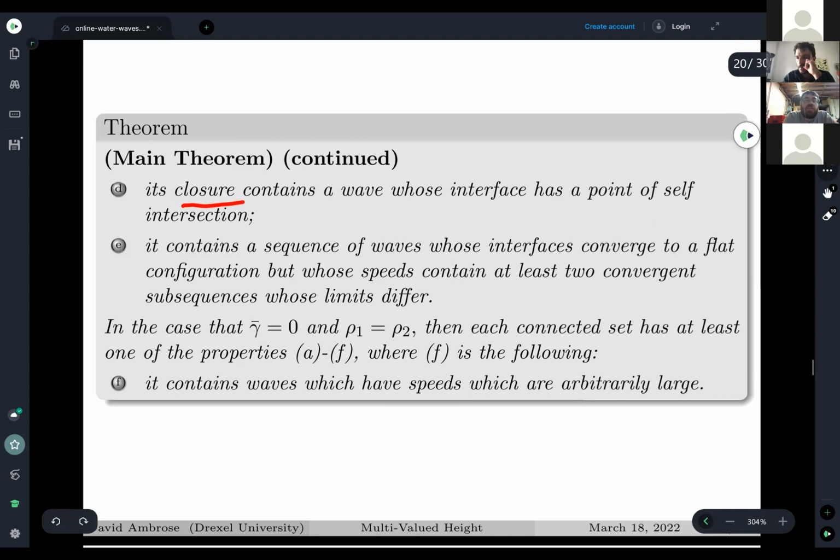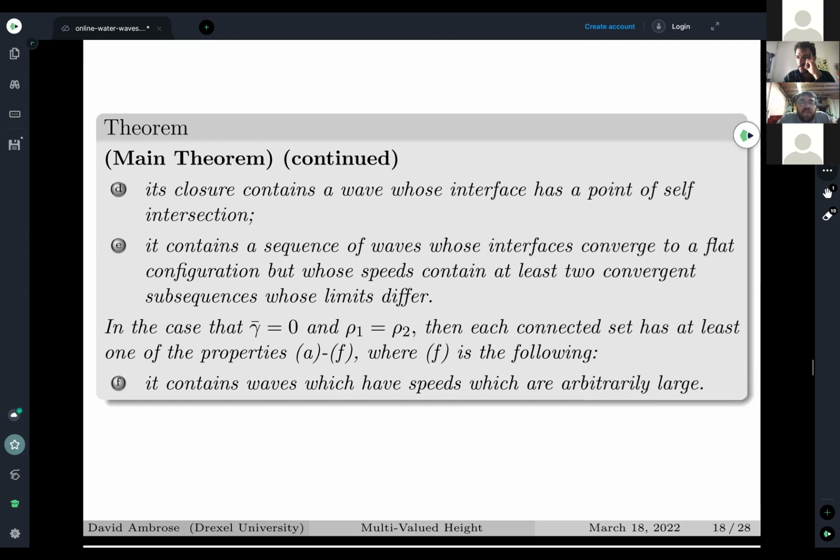You could end because the waves intersect themselves. That's how the Crapper waves end. The Crapper waves have points of self-intersection; you get a pinching singularity. So we could have that here too. And then the other possibility, E, which I'm going to talk about some more, is that you could converge to a different trivial state.